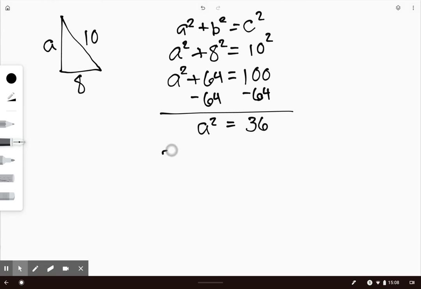And the next thing I'm going to do is take the square root, which is going to cancel out the exponent because that is an inverse operation. And then I'm going to take the square root of 36.